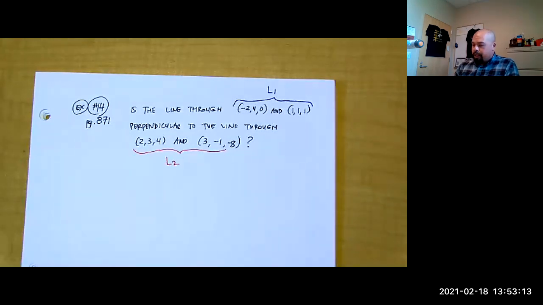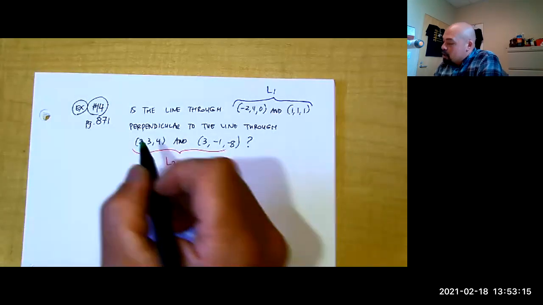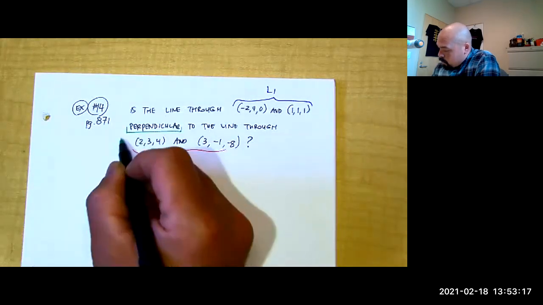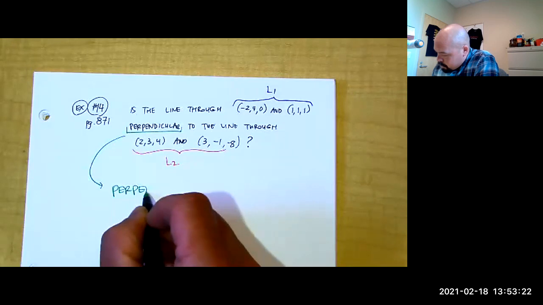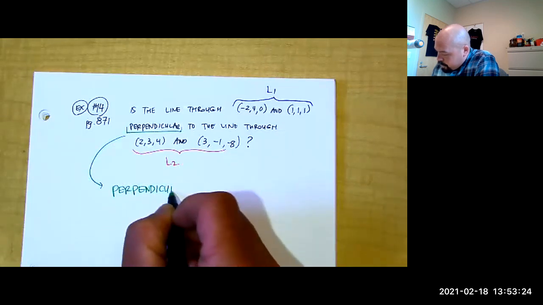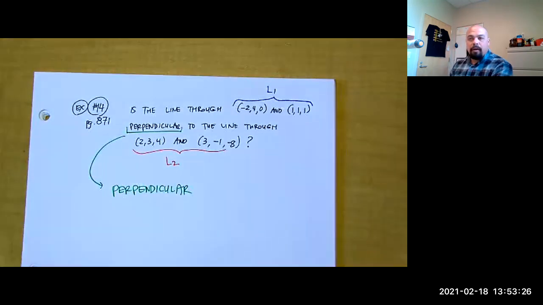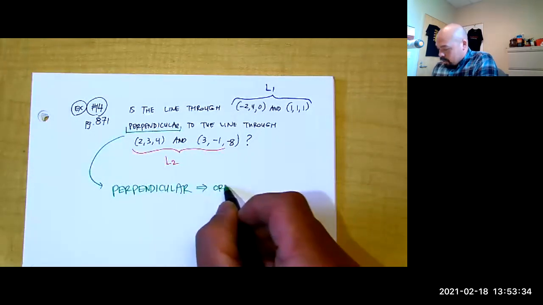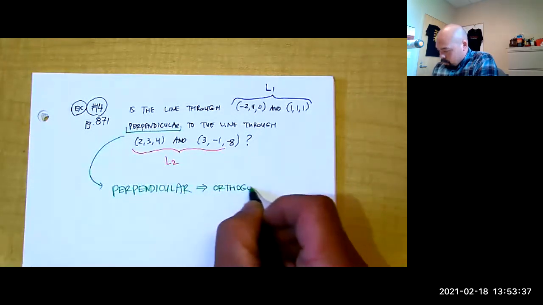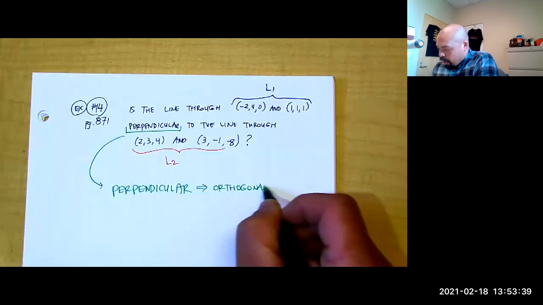Build those two equations. But the big statement: are these two lines perpendicular? So perpendicular, right? They're going to intersect at a right angle, or in our terms, this is the same thing as saying, are these orthogonal?